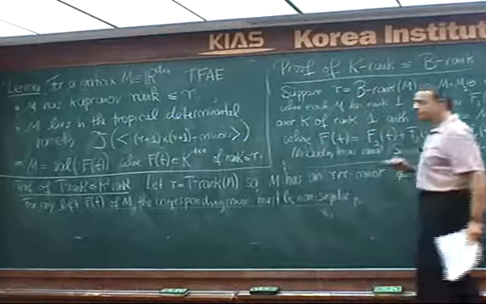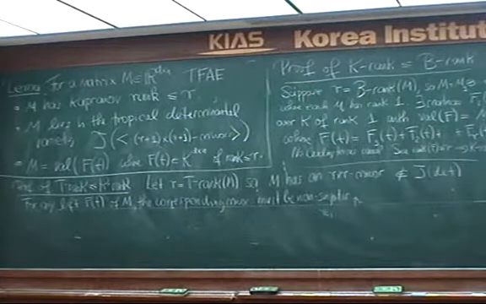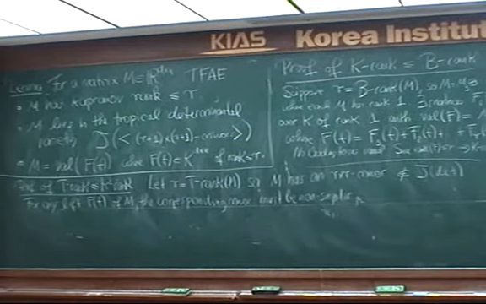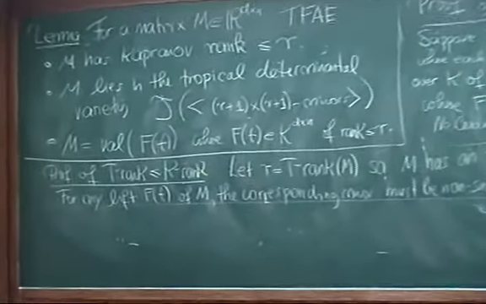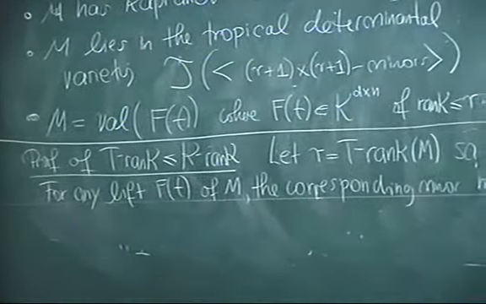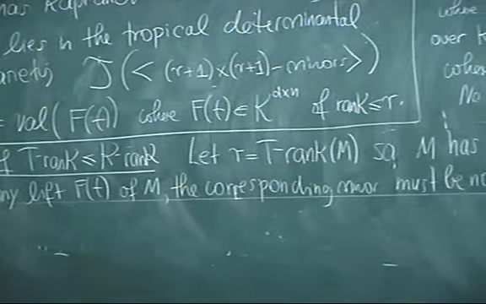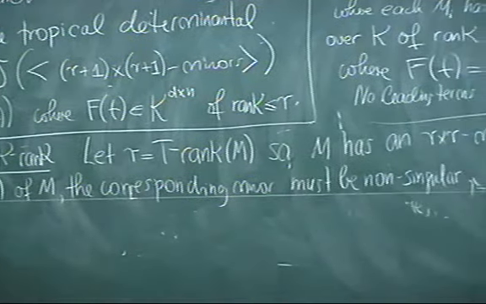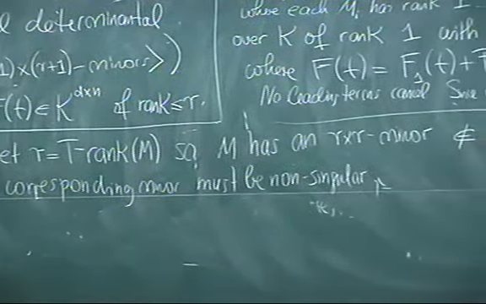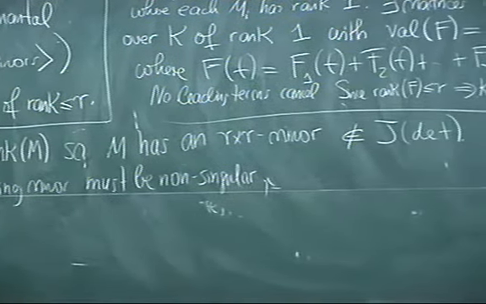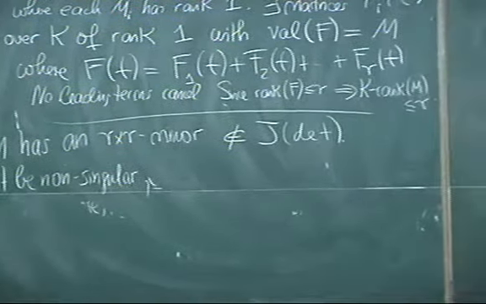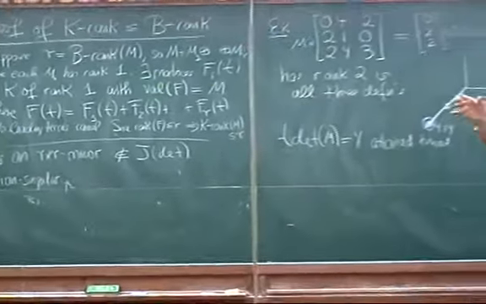If you have a non-singular tropical matrix, every classical lift must be non-singular. The converse is equivalent, right? If I take a classical singular matrix, its tropicalization downstairs is singular. Why is that? Because lowest order terms must cancel.